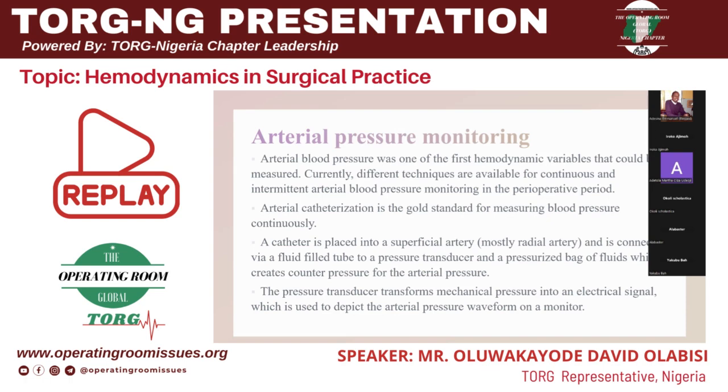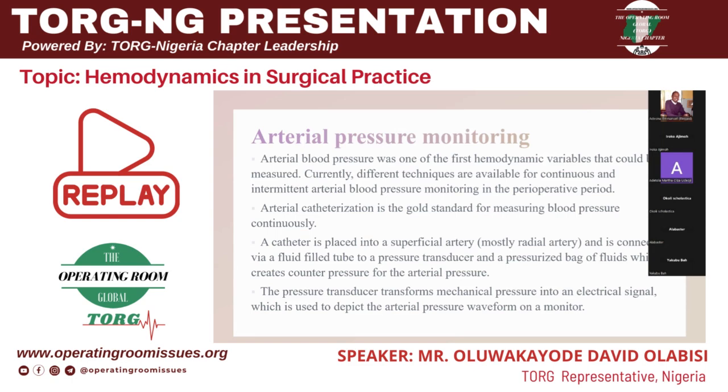And the gold standard, the very important monitoring tool that can be used to ensure safety, is the use of arterial blood pressure monitoring. For arterial blood pressure monitoring, a catheter is placed into a superficial artery, mostly the radial artery.